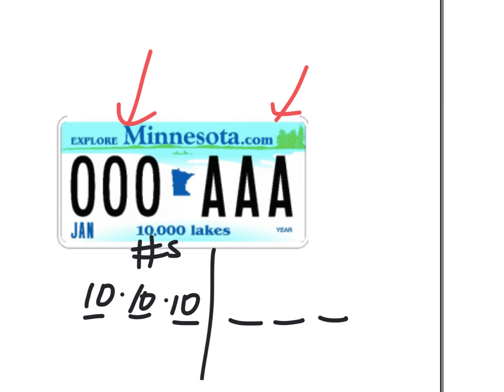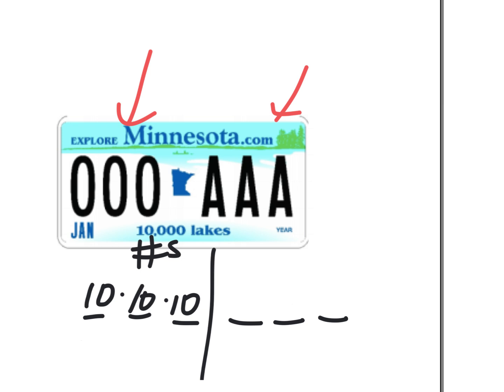That means there's 10 times 10 times 10, which is 1,000. It's only 1,000 so far, different numbers that you could be assigned. And I mean, it feels like there should only be 999, right? Because that's the biggest number that there is. But why is there 1,000? Because 000 is also a possible combo.